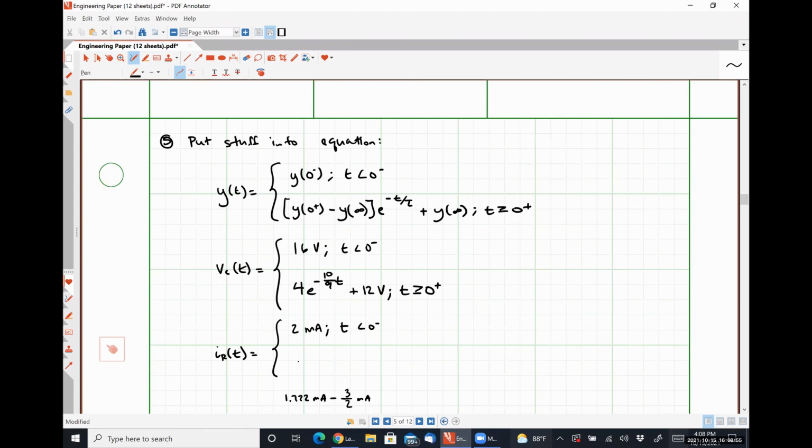All right. 0.222 e to the minus 10/9 t plus 1.5 milliamps for t greater than or equal to 0 plus.